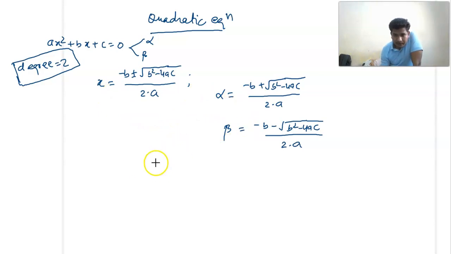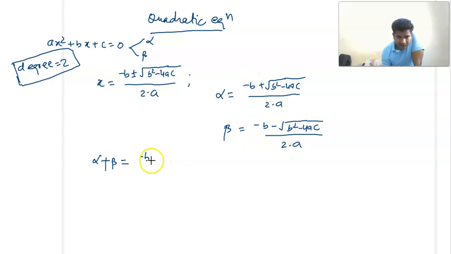So if we want to find out the value of alpha plus beta, then what will be alpha plus beta? Alpha plus beta is equal to the sum of the given values. So it will be minus b plus under root b square minus 4ac upon 2a, plus minus b minus under root b square minus 4ac upon 2a.